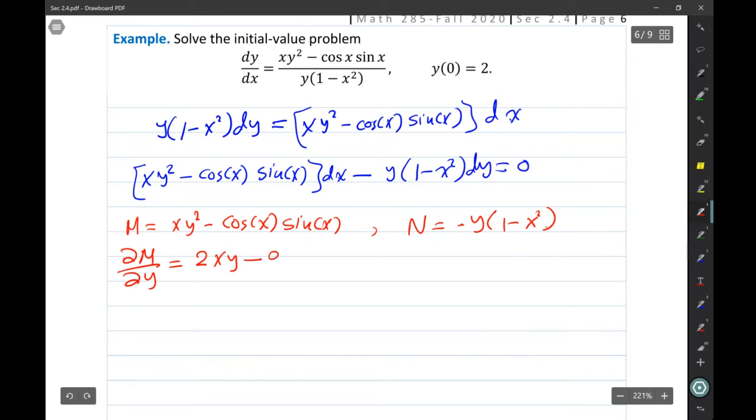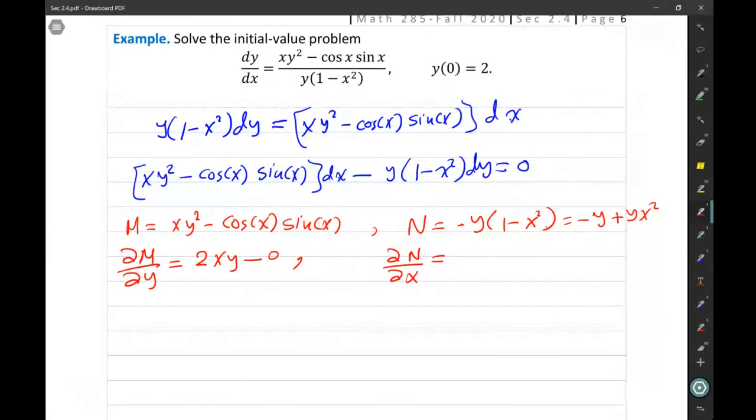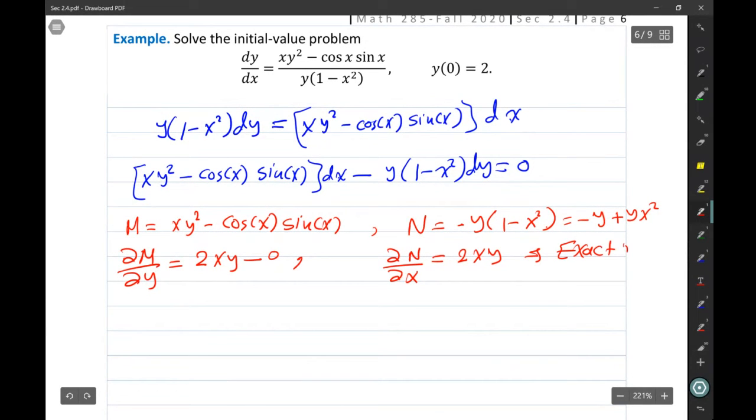Cosine x sine x with respect to y is 0. dn by dx is equal to minus y times, the derivative of 1 minus x square, which is minus 2x, so it is 2xy. Therefore it is an exact differential equation.